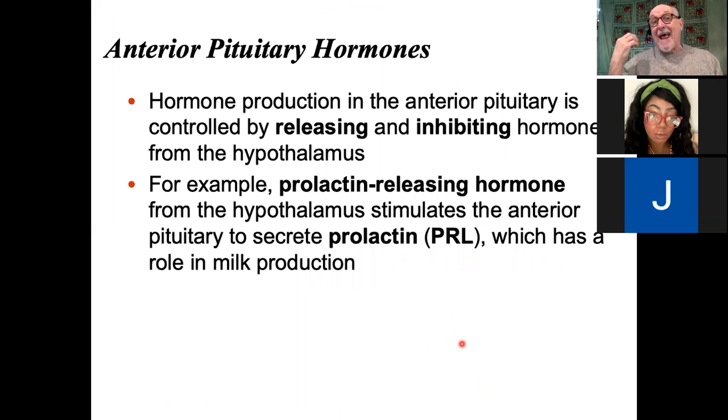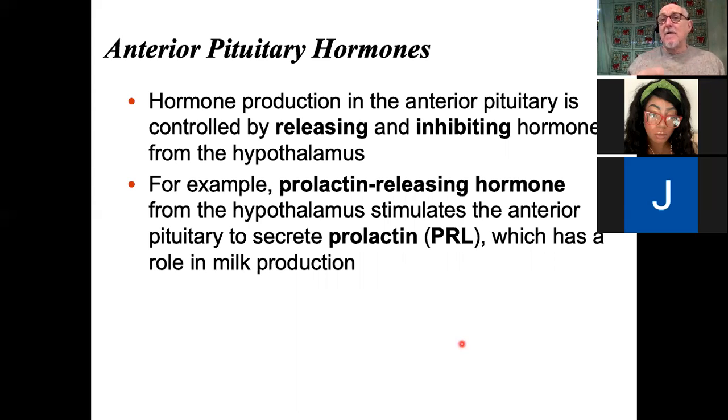When we get to the anterior pituitary, we're going to see that it becomes a little bit more complicated, because now the hypothalamus is actually going to talk to an endocrine function of the pituitary. And that chatter, the talking, is in two forms.